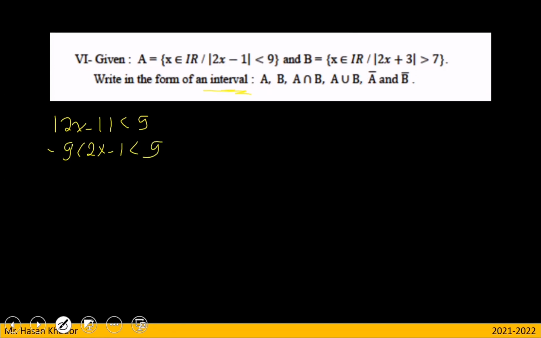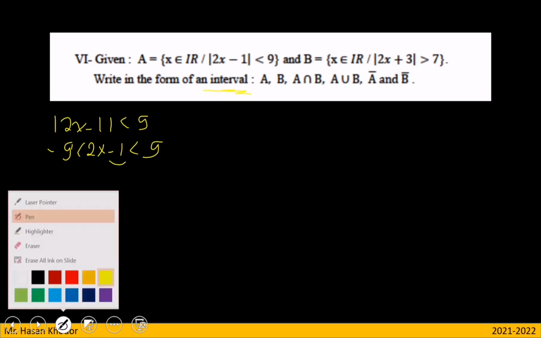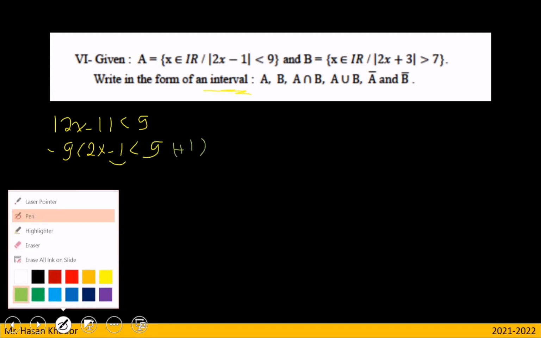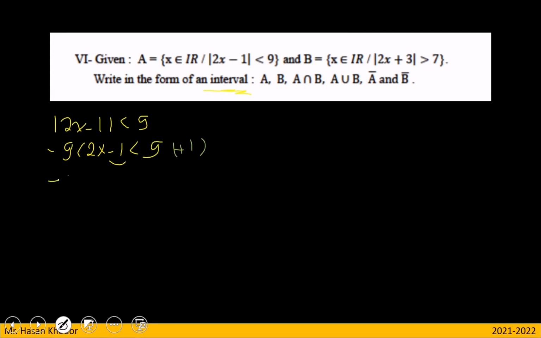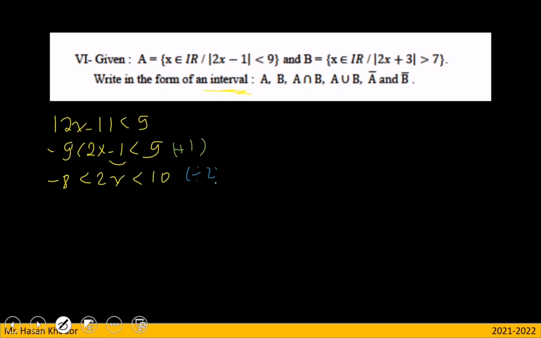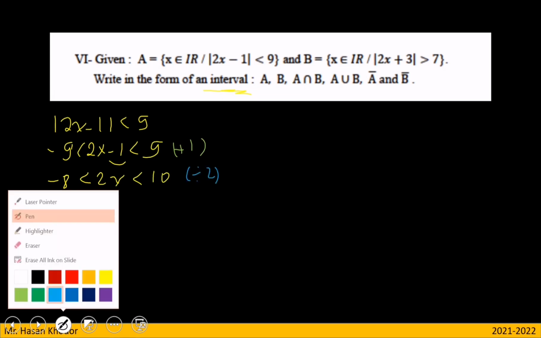Now to solve this inequality, we have to use al-jabr wal-muqabala. Do you remember? We have to add 1 to all parts of the inequality to get rid of the minus 1 here. So we get minus 8, 2x, 10. Then we divide by 2. So what do we get now?